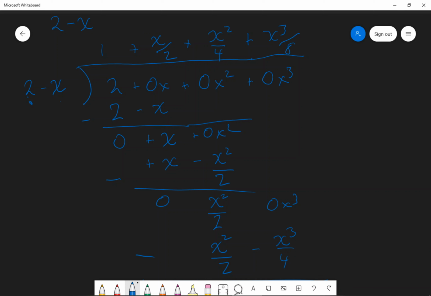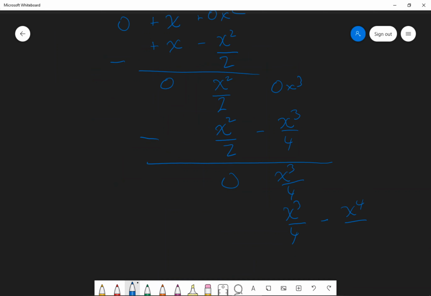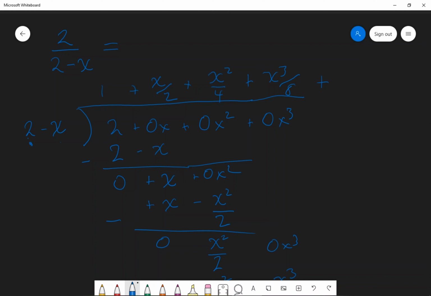Minus x to the 3 over 8 times negative x is x to the 4 over 8. Then you can bring down the 0x to the 4 here and subtract, left with 0 plus x to the 4 over 8. Basically what happens is that this long division never ends.